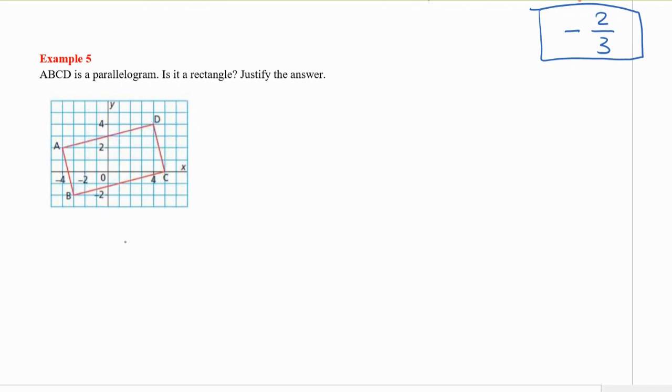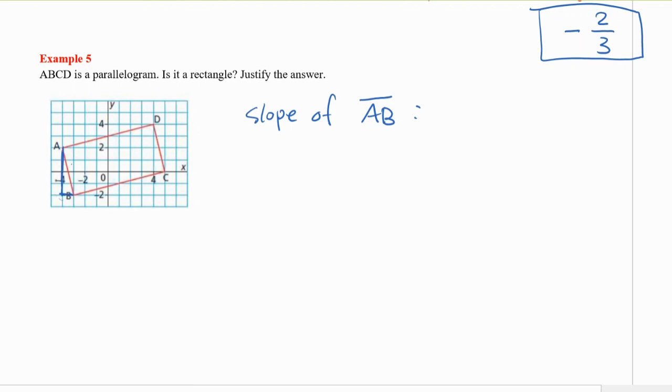To find if they are perpendicular or not, we have to find the slope of each line. So let's find the slope of AB first. Rise over run. Rise is 1, 2, 3, 4. Rise is 4 and run is 1.